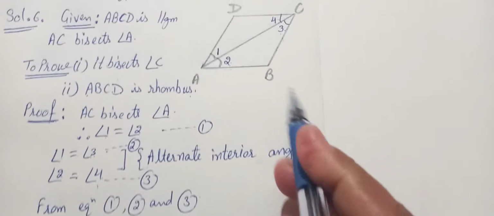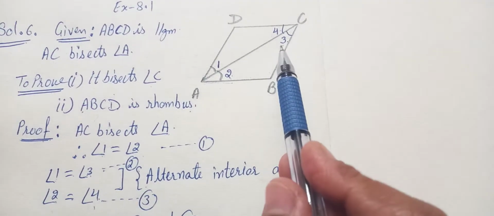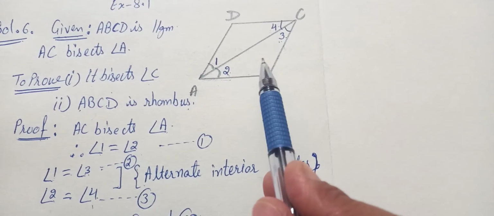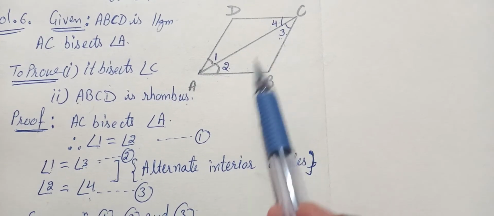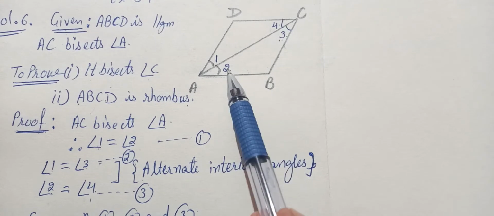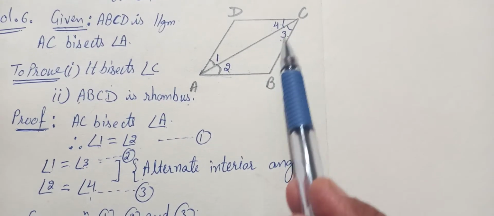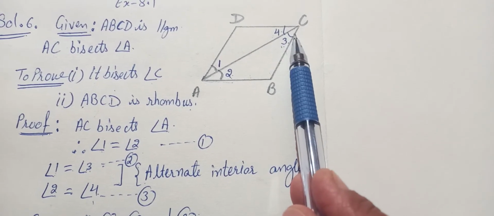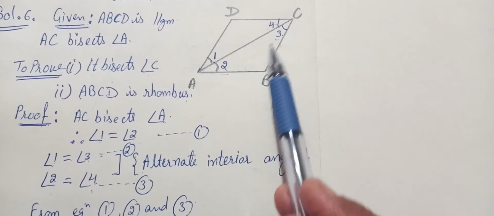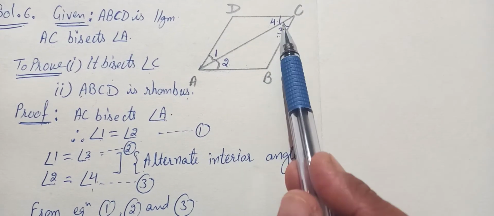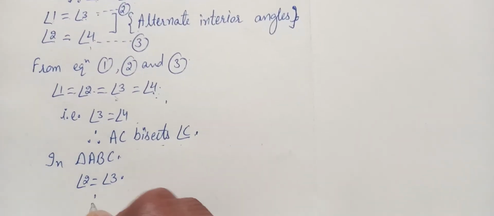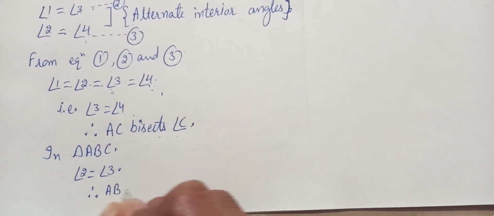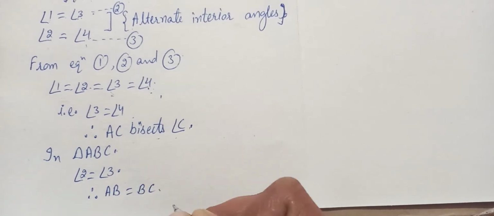So, if in the figure angle 2 is equal to angle 3, then that means its opposite sides will also be equal. So, side opposite to angle 3 is AB and side opposite to angle 2 is BC. So that means AB becomes equal to BC. Okay. If these two angles are equal, then AB becomes equal to BC. So we will write here, if angle 2 is equal to angle 3, therefore AB becomes equal to BC.